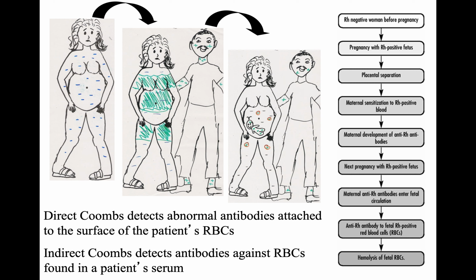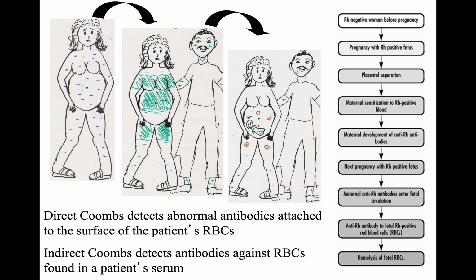So most of the cases of ABO incompatibility happen with mothers who are type O that have an A, B, or AB fetus. Type O is the universal donor. Why? Because it has no antigens on the red blood cell. O negative, I'm sorry, I was talking about O positive up there. O negative is the universal donor because it has no antigens on the red blood cell.